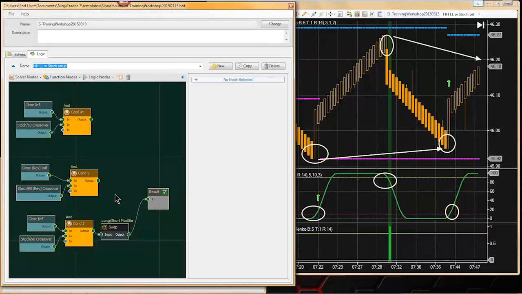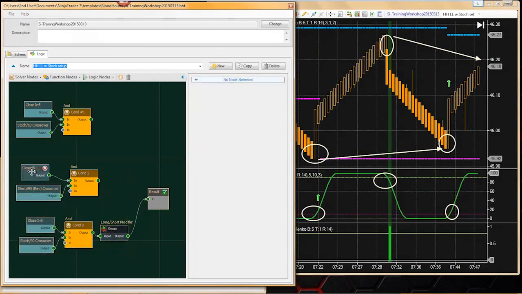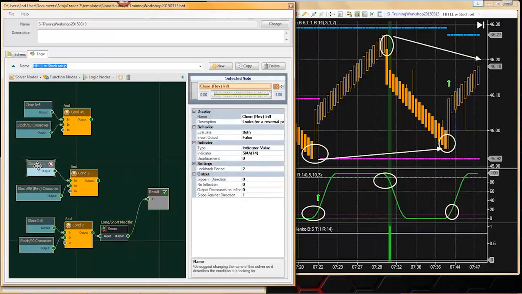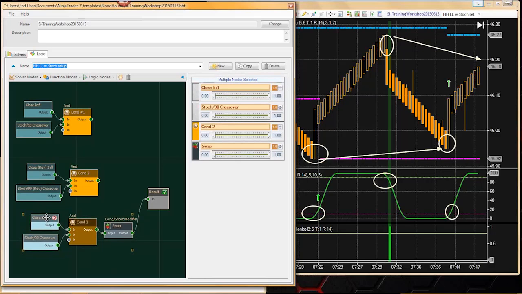So let's see. I guess there is a subtle, slight advantage in building it this way, because I wouldn't have to build an additional inflection solver. So using this way would use one less solver, which might be helpful if you're building a big system, right?